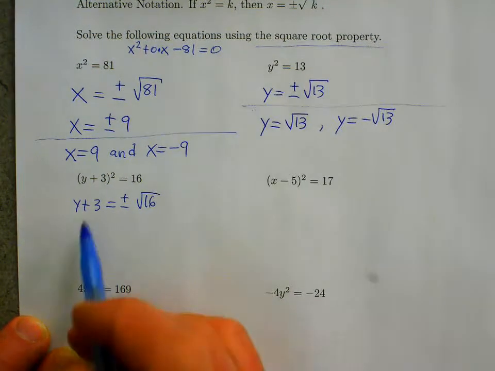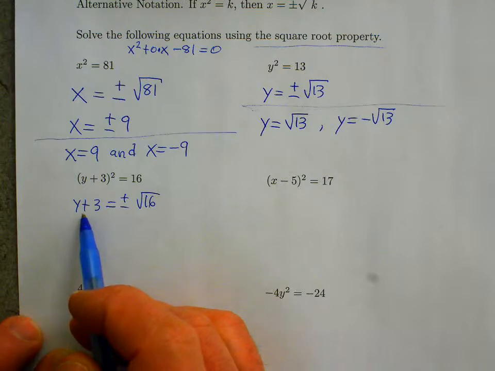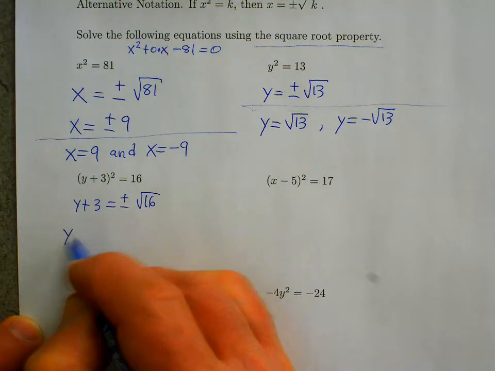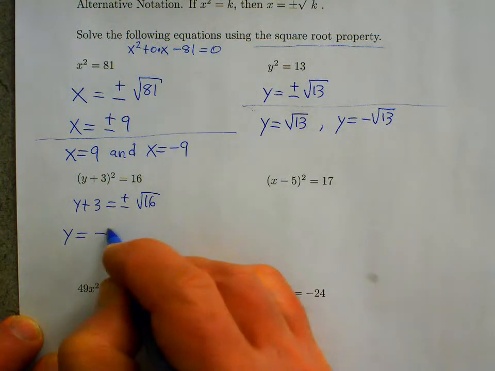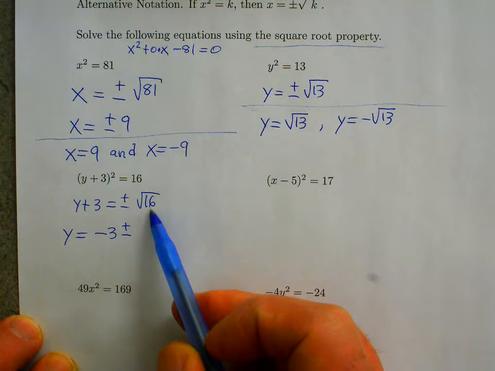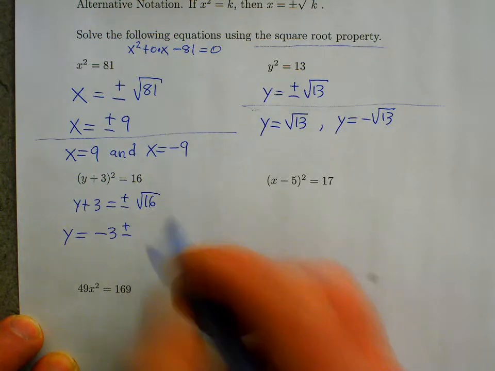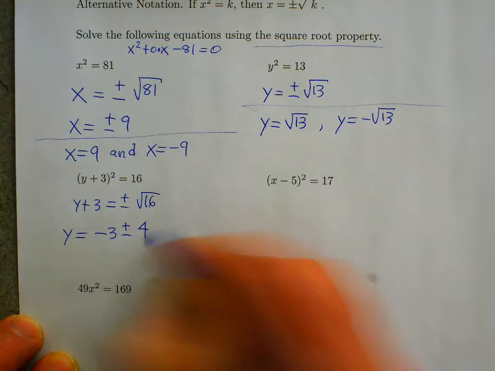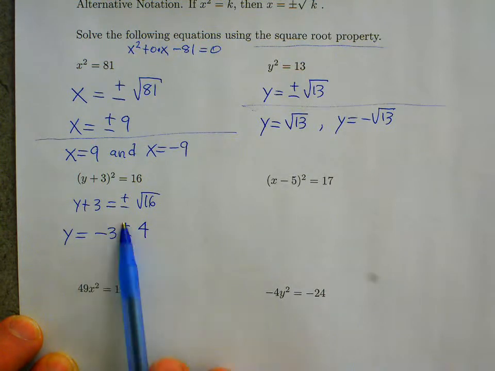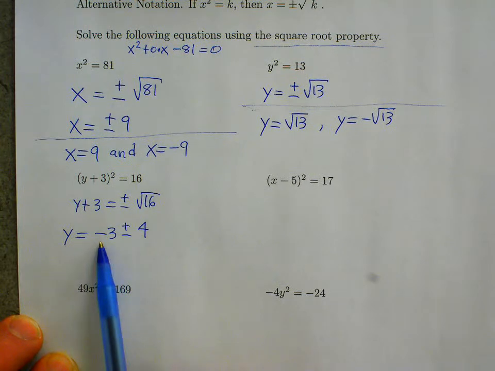We want to solve for y, so in the next step, we're going to subtract 3 from both sides. The conventional way to do that is to write -3 plus and minus the square root of 16. The square root of 16 is 4. So we get y equals -3 plus 4, and then -3 minus 4.